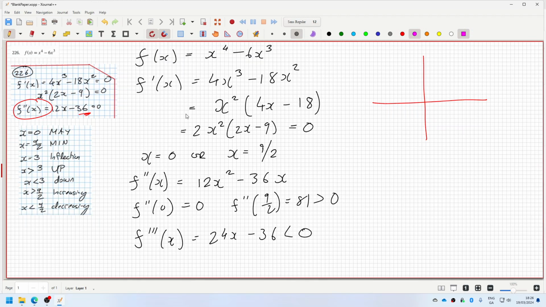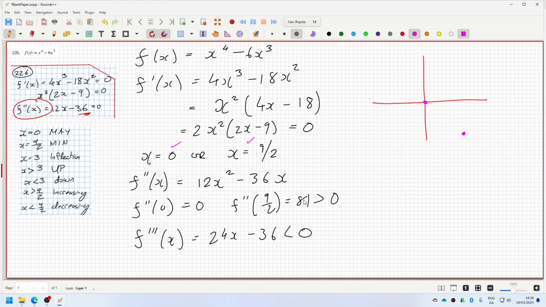So the first derivative is 0 at 0 and 9 over 2. So it's going to be a negative number there. Okay, so that's the 0 and the 9 over 2.